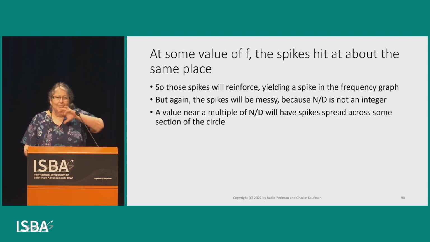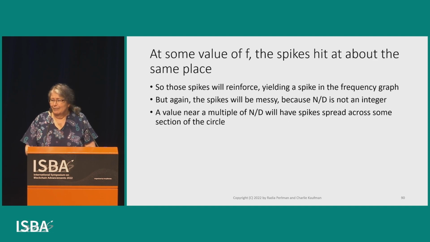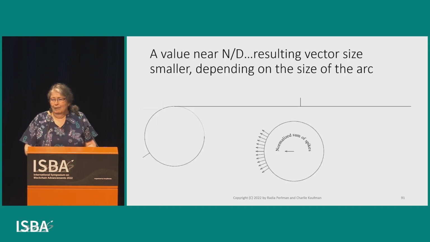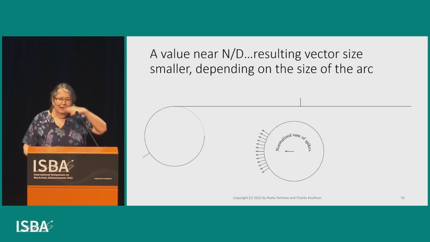But there'll be some value of wrapping around where the spike happens at the same place each time. And at those places, it'll reinforce and you'll get a spike in the frequency graph. And if you overshoot by a little bit, you'll have a bunch of spikes pointing in the same direction. That's just because of the messiness, because it doesn't divide equally.